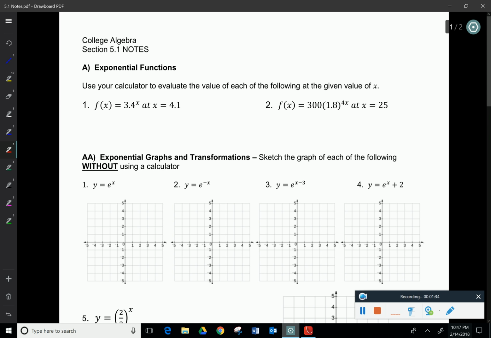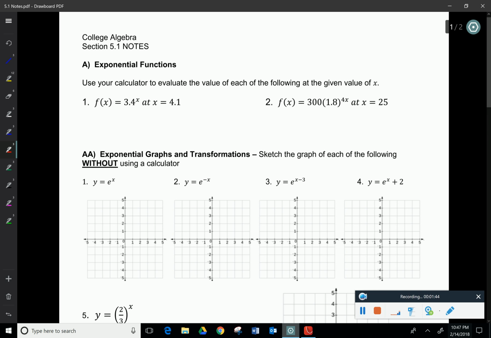Notice it says we want to evaluate each value, find the value of each at the given value of x. So on the first one, basically all they want us to do is plug 4.1 in for the x. So in the calculator, we want to figure out what is 3.4, but then raised to the 4.1.